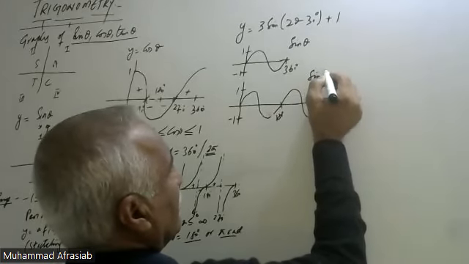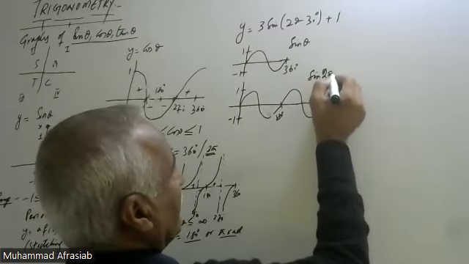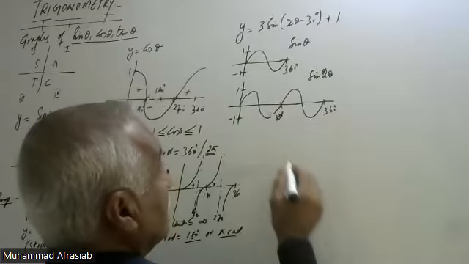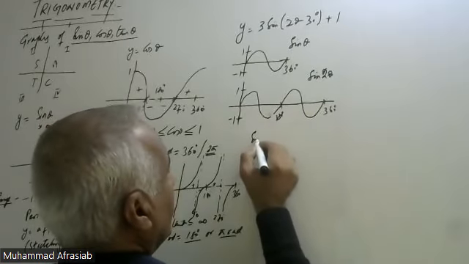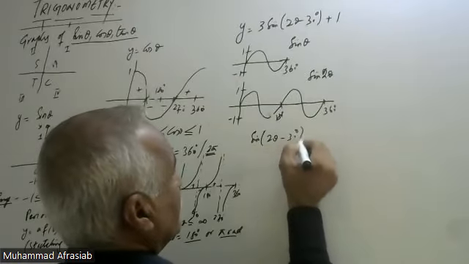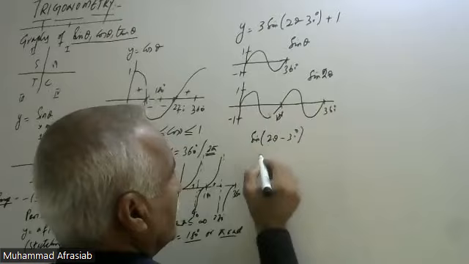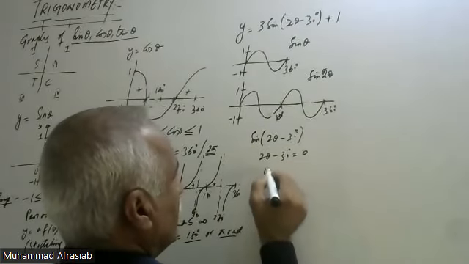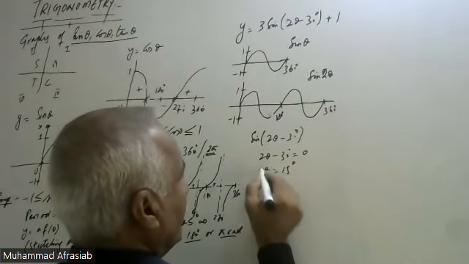So this is the graph of sine of 2 theta. Then sine of 2 theta minus 30 degrees. So for this, you put 2 theta minus 30 degrees equal to 0, or theta is equal to 15.